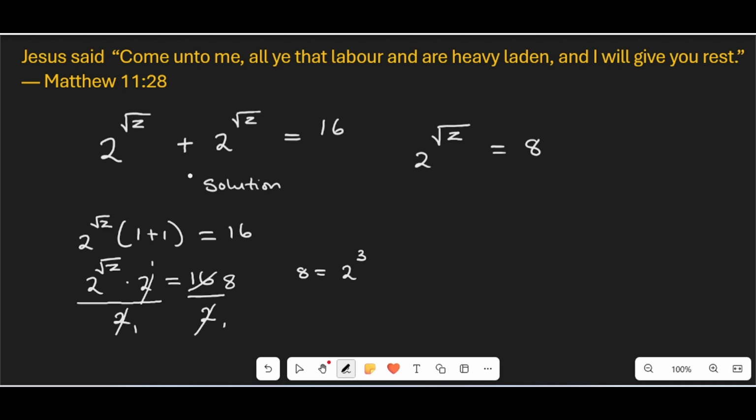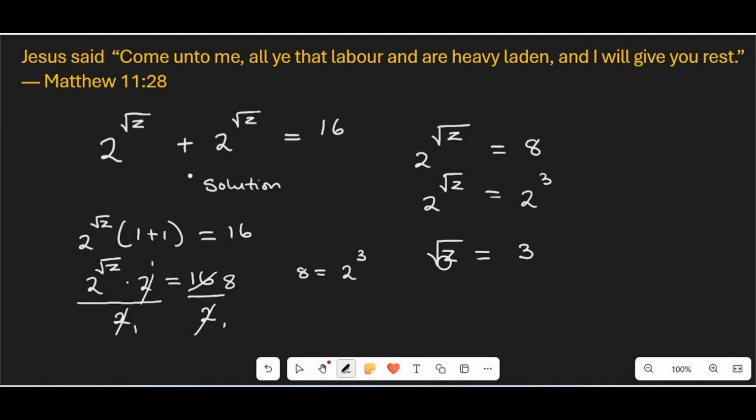We are going to have 2 raised to power root z equal to 2 raised to power 3. Since the bases of both sides are equal, that means we can equate the powers to each other. I can say root z is equal to 3.